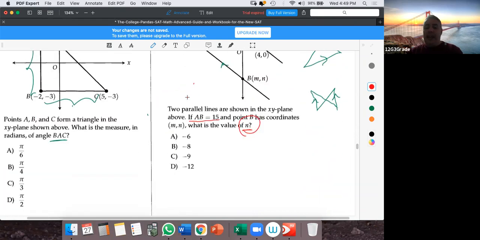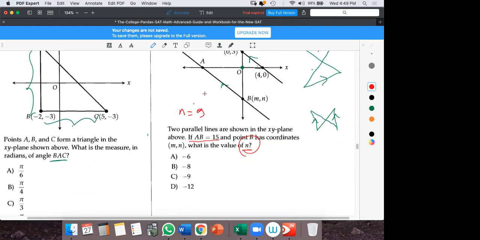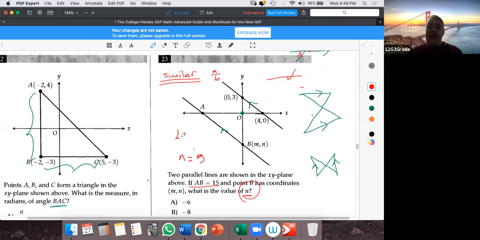We calculated N is 9, yes. But be careful now. N as a length is 9. Where is N? Under the x-axis, so it is negative. So this length is 9 units, but as a coordinate, M is 0, N is -9.